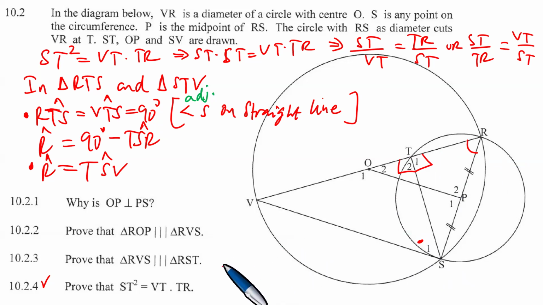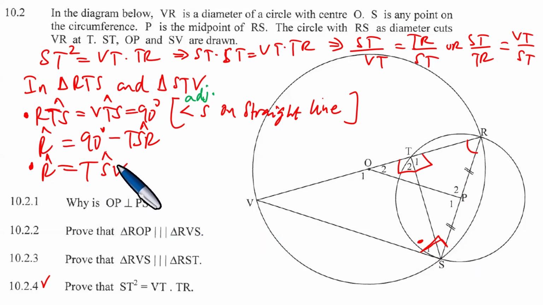The reason for that is that this angle here also is 90 degrees, because this is the diameter, and a diameter subtends an angle of 90 degrees at the circumference of a circle. So now if you say 90 degrees minus TSR, you get the angle TSV.